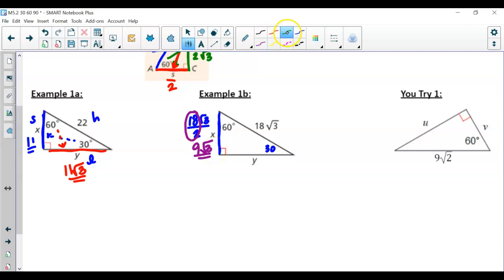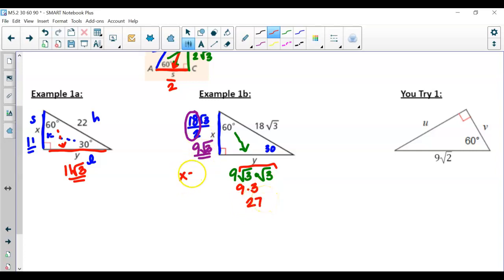Then remember the pattern: opposite from the 60, we take the short side, which is 9 radical 3, and multiply it by radical 3. Notice it looks a whole lot like when we were rationalizing, because it's radical 3 times radical 3, which is radical 9. What's the square root of 9? 3. So this is 9 times 3, which is 27.